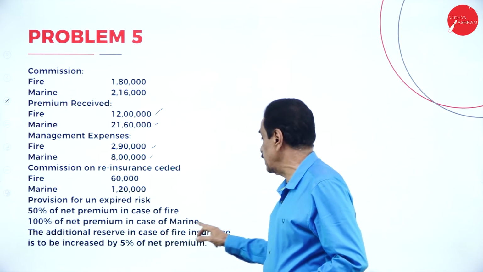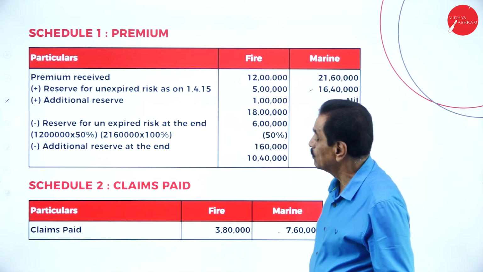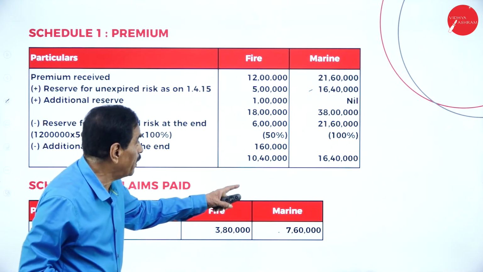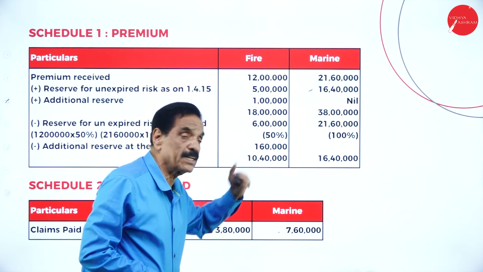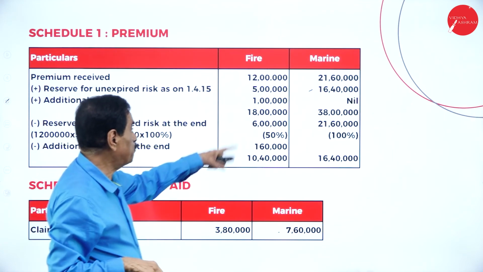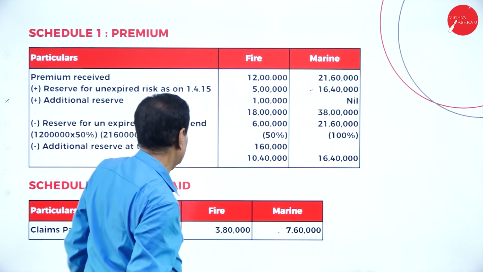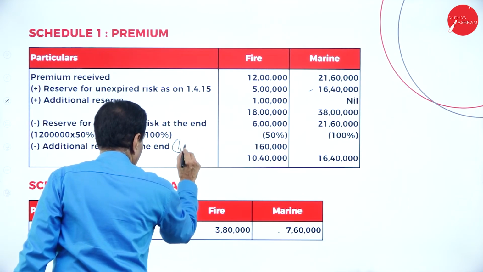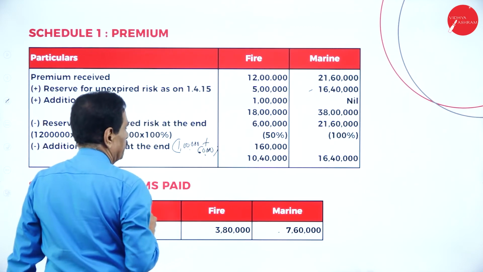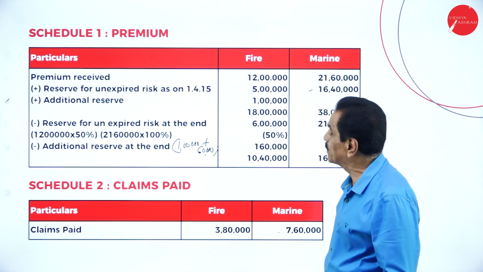The additional reserve in case of fire insurance will be increased by 5% of the net premium in addition to what exists. Already the additional reserve is 1 lakh, plus 5% which is 60,000, so it becomes 1,60,000.